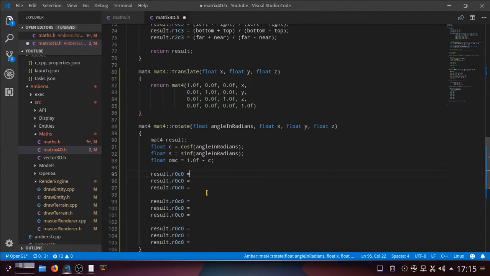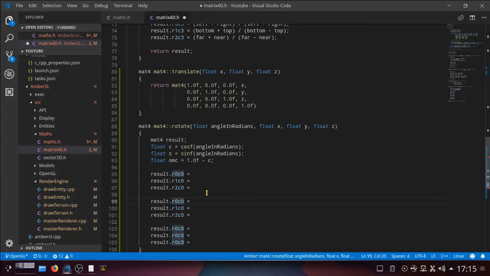And it's going to be row 0, 1, 2. So we're going to cross on the rows. So row 0, 1, 2. Column 0. Same thing here, 1 and 2.